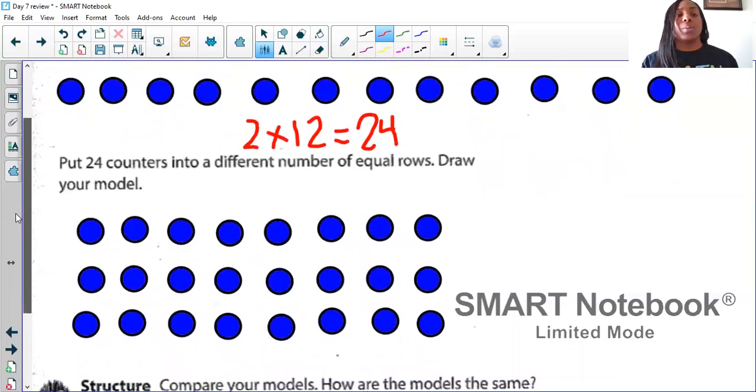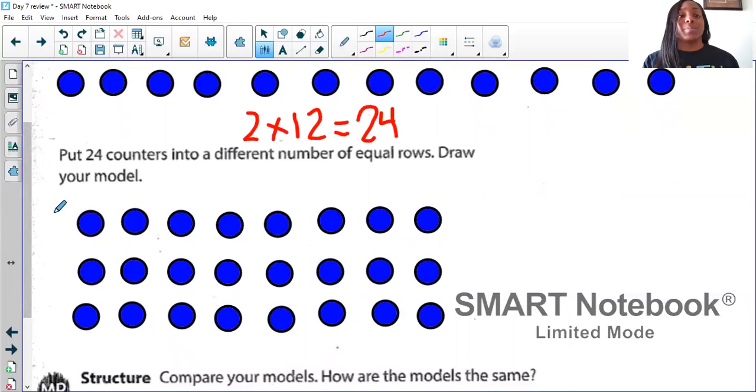Okay, so now the second one is asking us to put 24 counters into a different number of equal rows. Draw your model. So pretty much, what does it look like that you see right here? How many rows? 3 rows, that's right. So how many are in each row?